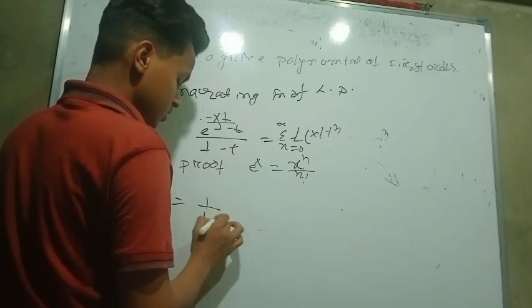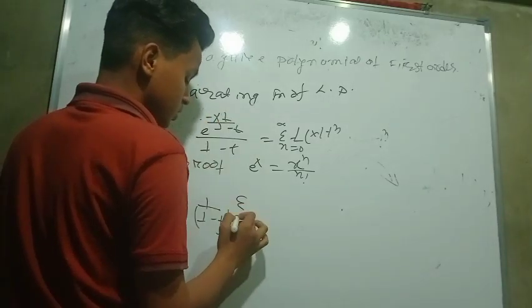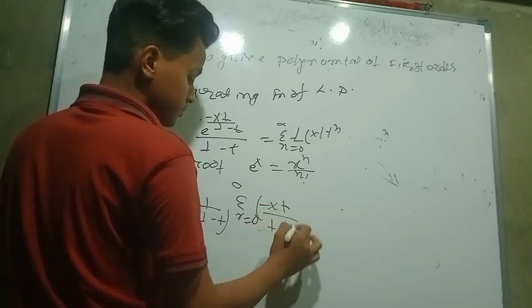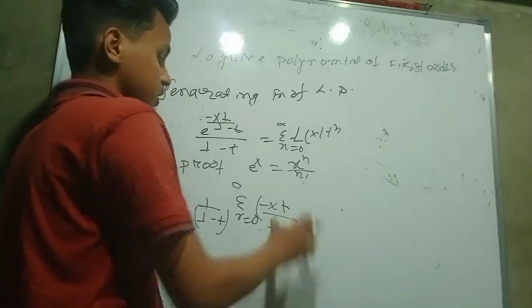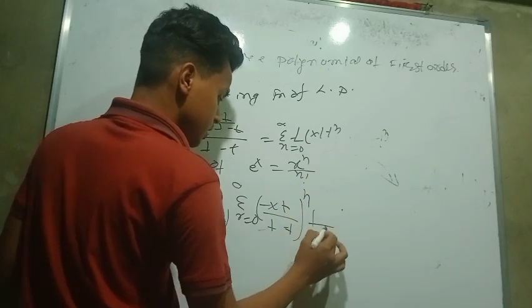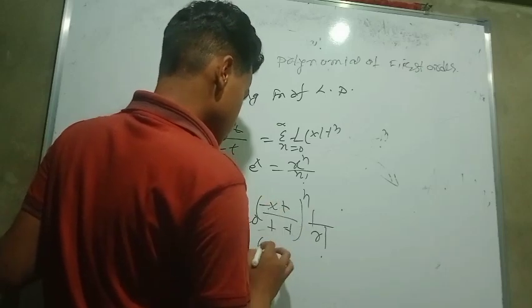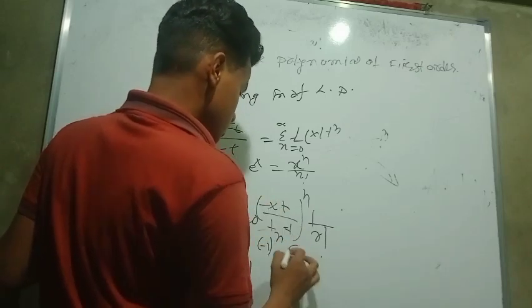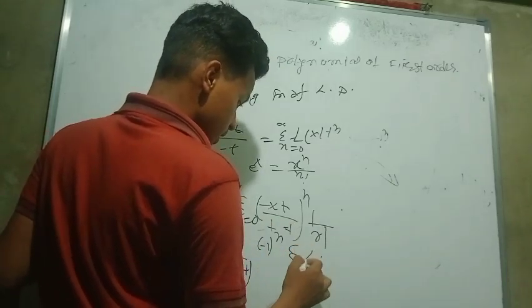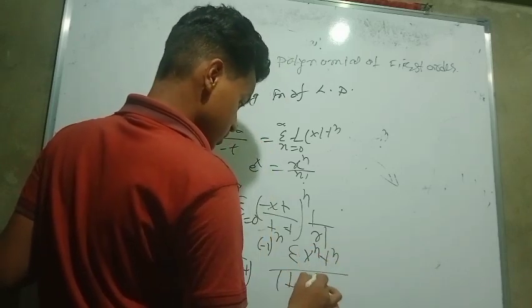Here 1 minus t will give us the summation r tends to 0 to infinity of minus xt upon 1 minus t, the whole to the power r, upon r factorial.